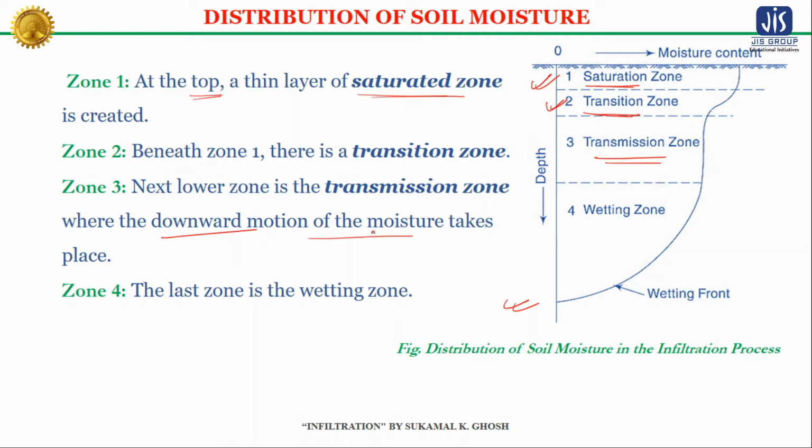The next zone lower to this transition zone is the transmission zone, where the downward motion of the moisture takes place. In the transmission zone, the moisture content is above the field capacity but below the saturation. Let me write it here.